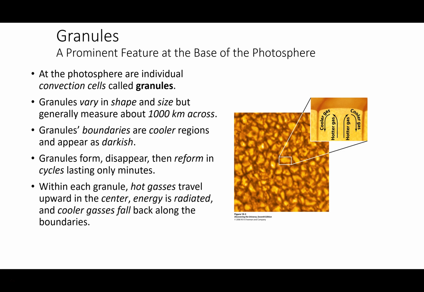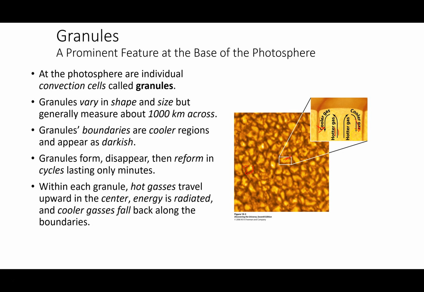Granules. They remind me of a honeycomb, like bees go in and out of these things. But granules are always there. When we looked through the telescope at our sun lab, we did not see granules on the solar disk, but they were there. They are these moving, irregularly shaped features where the bright area represents where the hot gas, or plasma, is coming up, and the dark regions on the edges are where the cooler gas is sinking.